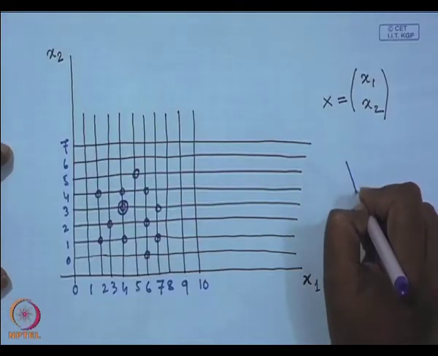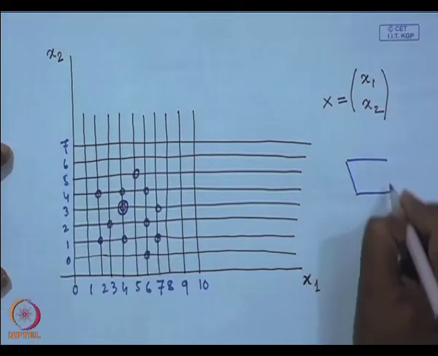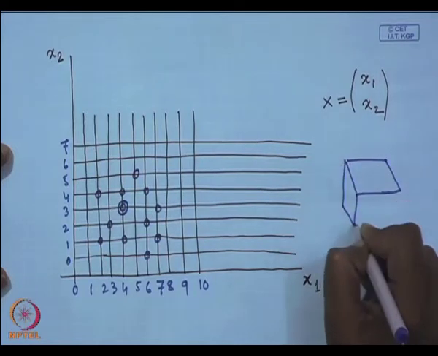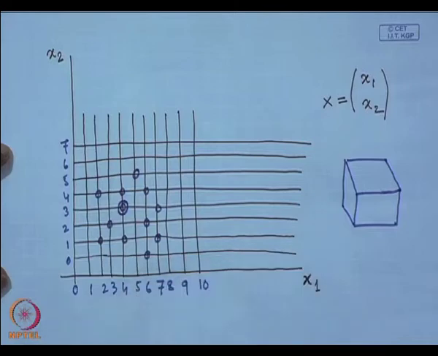Here I will use a kernel based technique or window based technique. So, let us assume that we use rectangular windows, obviously because this is a two dimensional case. So, this rectangular window will actually be a box. It will be something like this. And this box will have certain volume under the probability density surface.